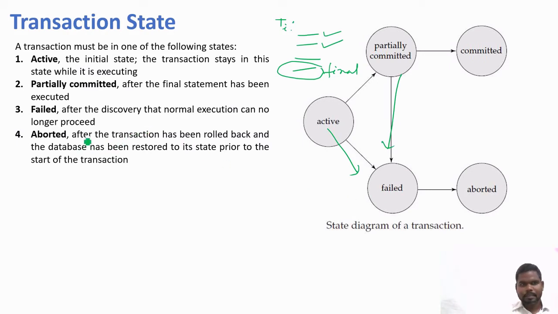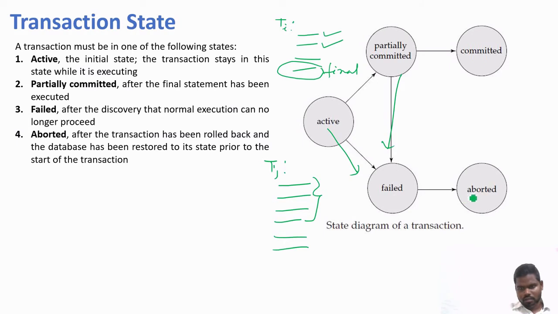So it is very simple. After the transaction has been rolled back and the database has been restored to its state prior to the start of the transaction. Let's suppose this transaction Tj starts and some operations occur. Okay, and after these operations have already been executed within the transaction Tj, let's suppose some system fails, so the transaction Tj enters into the failed state.